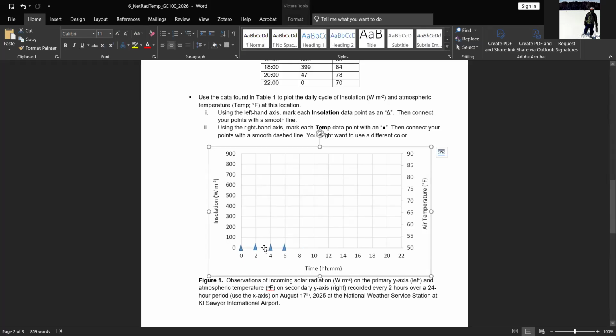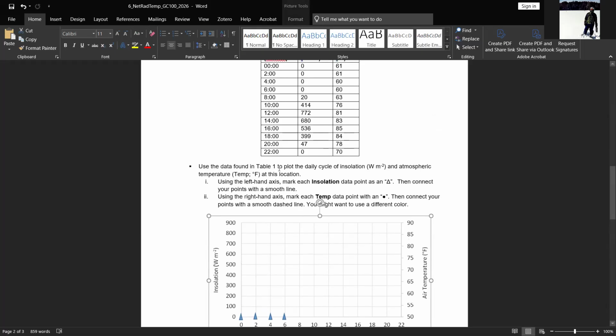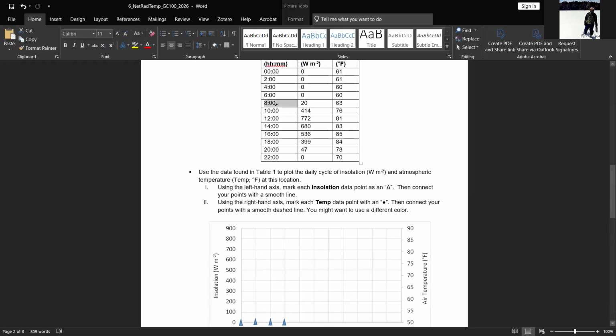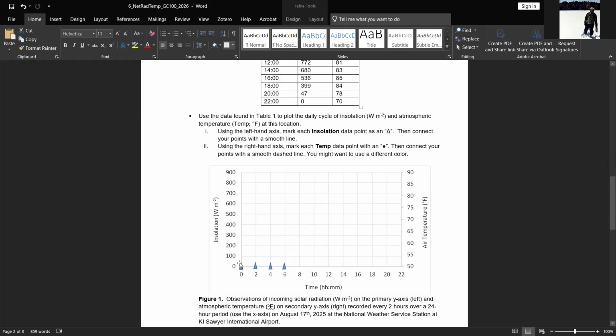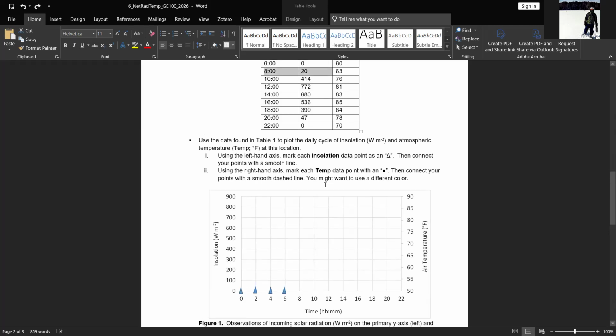Then as you keep going, you get to 8 a.m., and there is 20 watts per meter squared, which is not very high, but it is just above 0. And so you would put another triangle, slightly above the horizon to indicate, as best as possible, where 20 is. And you would keep going.